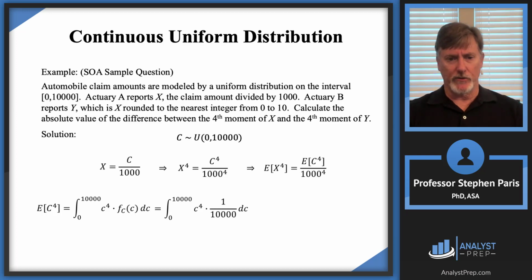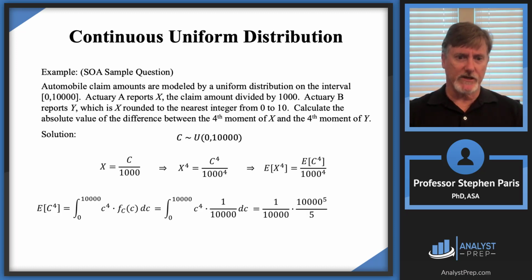And when you evaluate the integral of c to the fourth times that 1 over 10,000 over the interval from 0 to 10,000, I'm getting a 1 over the 10,000 that I factored out. I'm getting a c to the fifth over 5 that I'm then evaluating from 10,000 to 0.